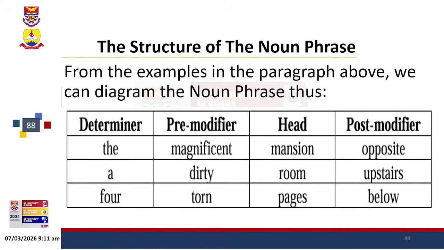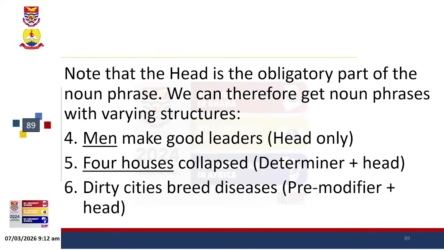Now let's talk about pages. Can we look at the pages below? Can we look at the torn pages? Can we look at 4 torn pages below? If the pages are not 4, they are not torn and they are not below, it is not the pages we are talking about. Note that the head is the obligatory part of the noun phrase.